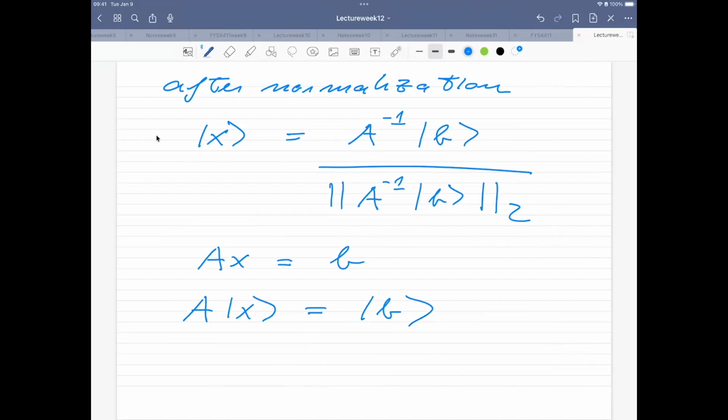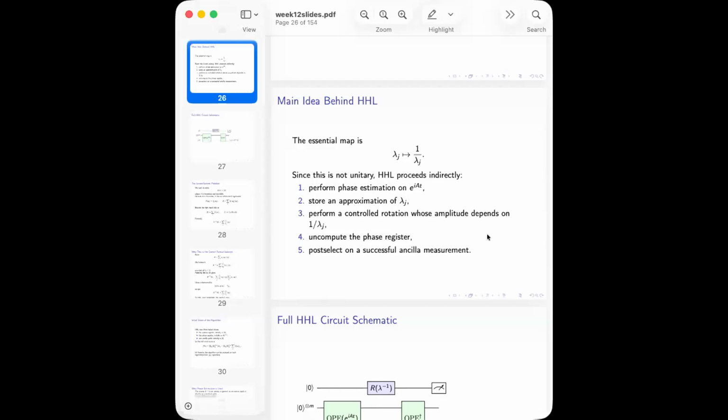So with this recipe, we have now the possibility where we use the QPE to actually find the solution to this linear algebra problem. So let's go back to the slides and summarize a little bit of what we have been talking about now. So let's just go back to the weekly slides.